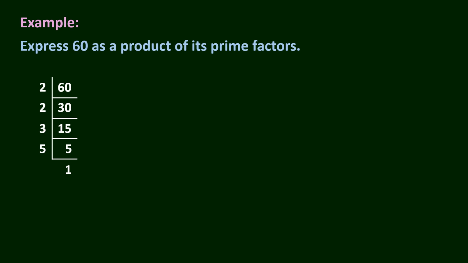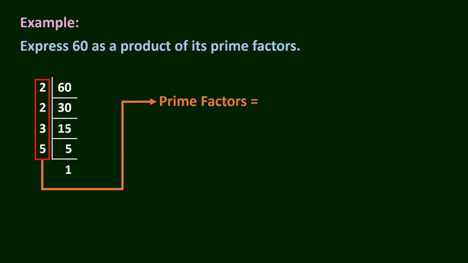Basically, the product of prime factors means you are writing the required value as a product of prime numbers. Now we have divided, so you can take all the divisors together and multiply each and every one of them: 2 times 2 times 3 times 5.